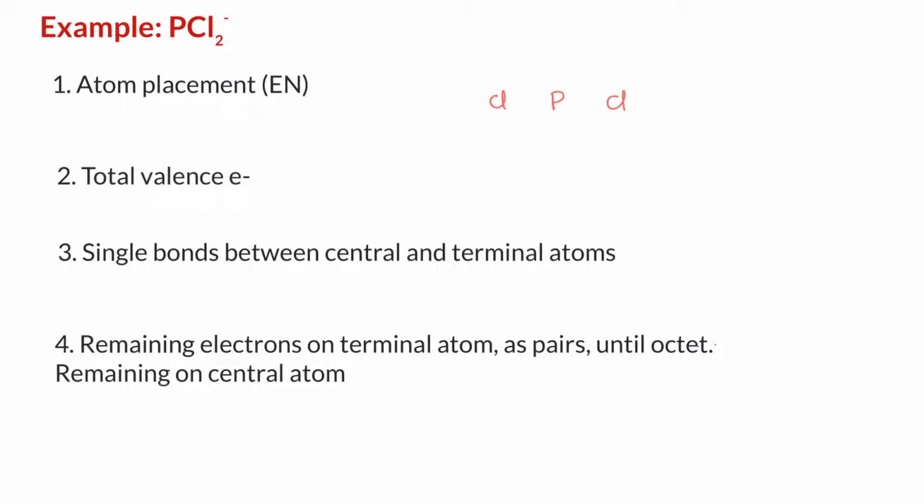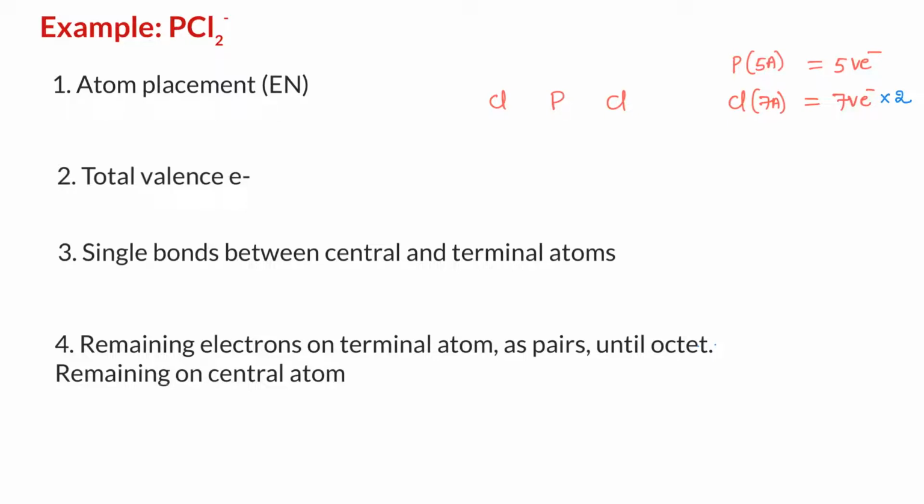Next, count the total number of valence electrons in the molecule or ion. Phosphorus belongs to group 5A, therefore it has 5 valence electrons. Chlorine belongs to group 7A, therefore it has 7 valence electrons. However, we have 2 chlorines in the formula, so I'm going to multiply that number by 2.